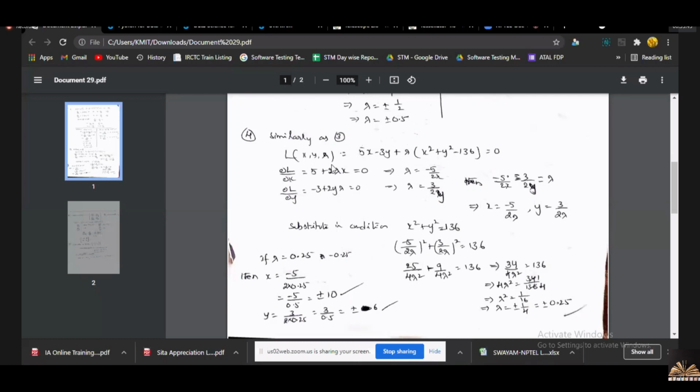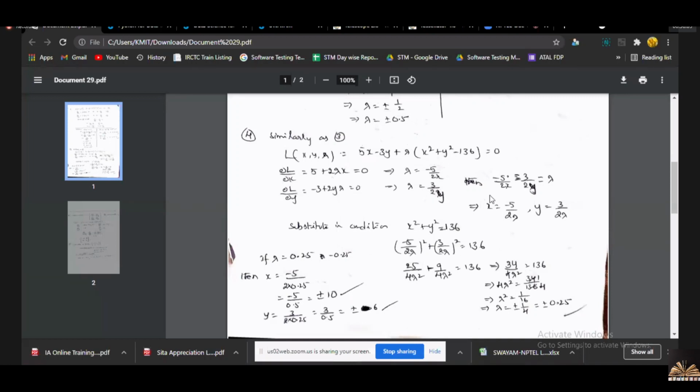Now 5 plus 2 lambda x equal to 0. Simplifying, we will get lambda equal to minus 5 by 2x. Similarly, the minus 3 comes to this side so it becomes plus, giving lambda equal to 3 by 2y.